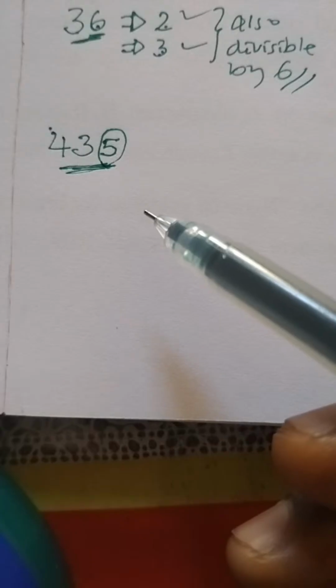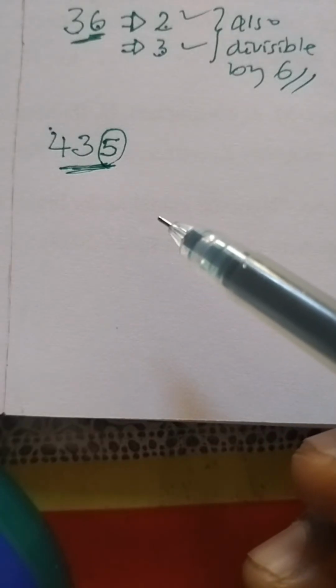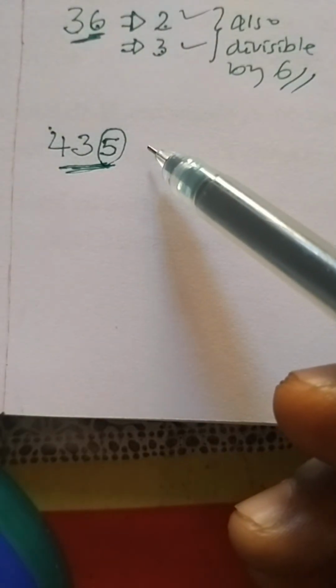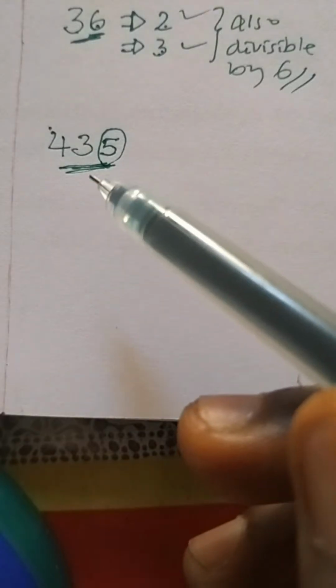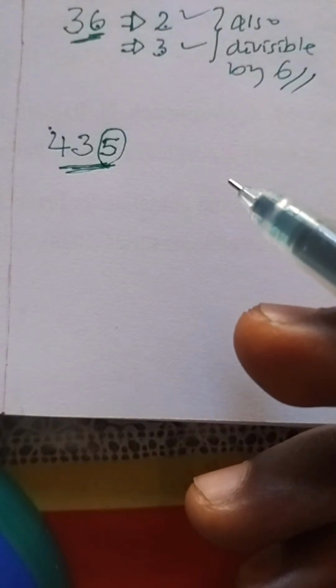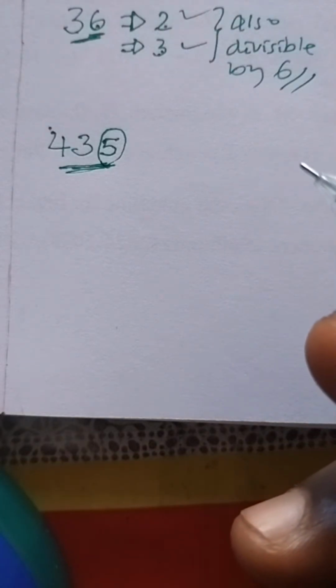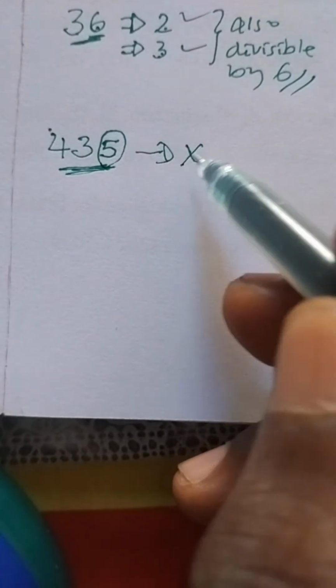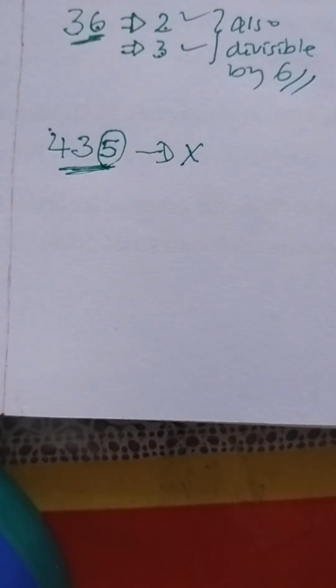If it is odd, it is not divisible by 2. The last digit is 5. Is 5 divisible by 2? No, because 5 is an odd number. So this number is not divisible by 6.